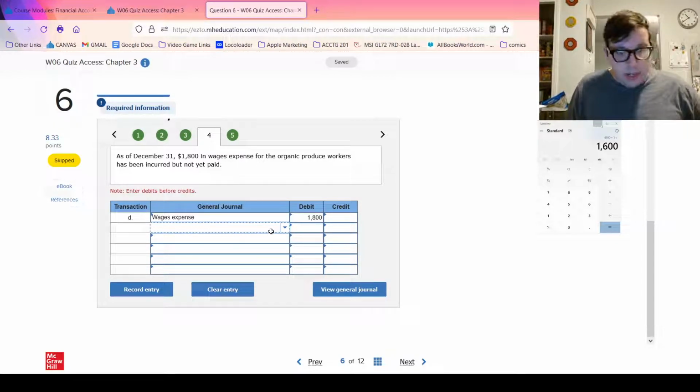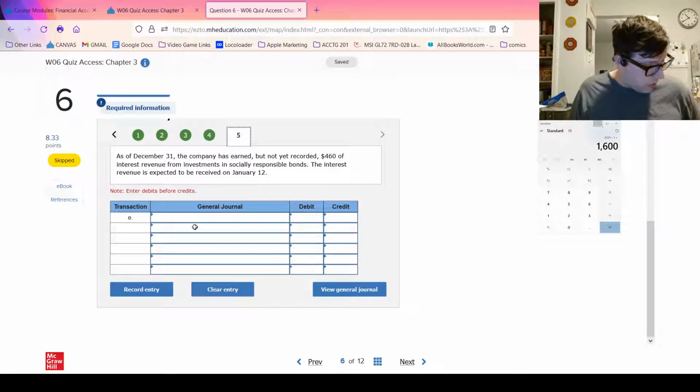And then we're going to adjust that by crediting wages payable. Okay, so it should look like that. And this is again just wages that have built up, incurred but not yet been paid. And so we're just representing that with this entry.